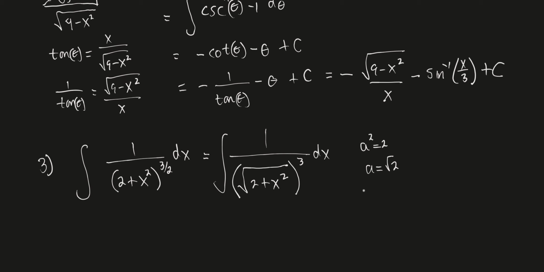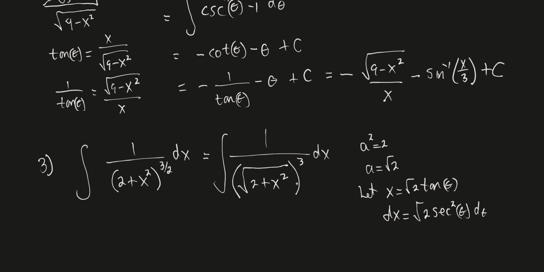Then we let x be the square root of 2 times tangent theta. Taking the derivative of your substitution equation is standard, so dx is root 2 times the secant squared of theta d theta.